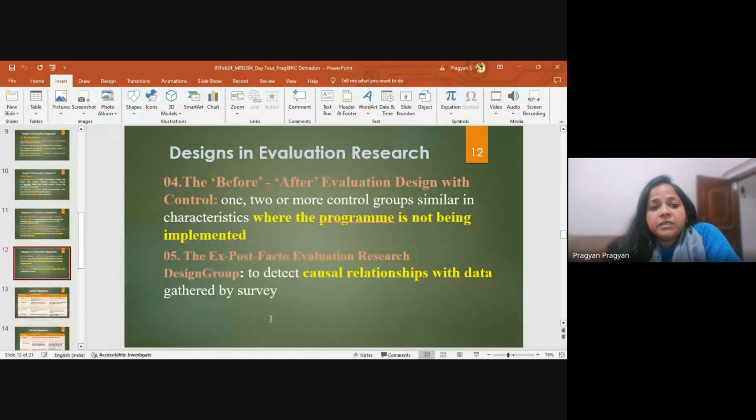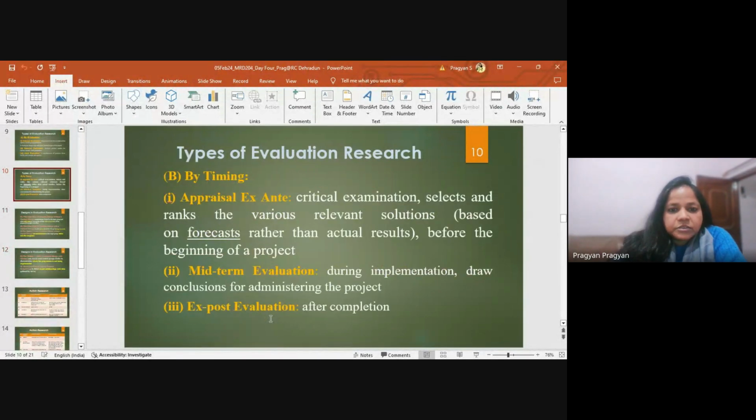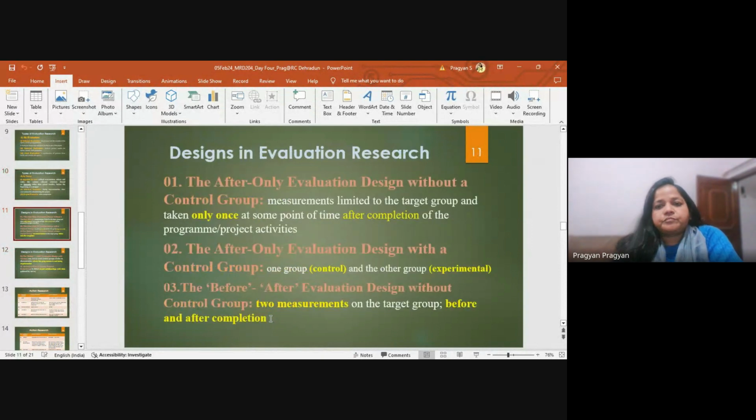To simplify with the first category, when we are conducting evaluation research without a control group, we are not dividing that population, or the recipients of a particular development service like an education facility, into two areas. We are covering the whole area in one group that we call our target group.